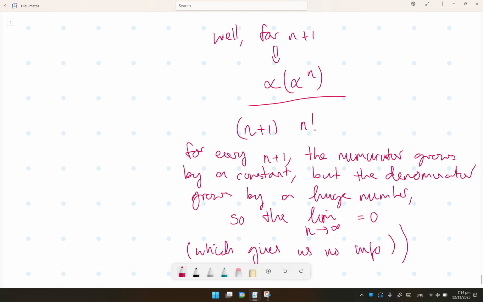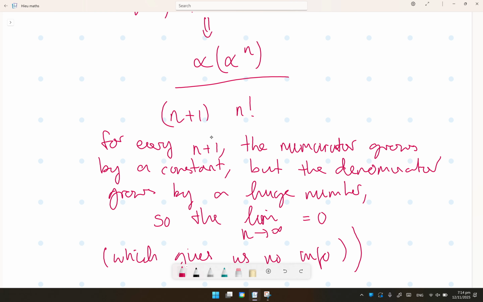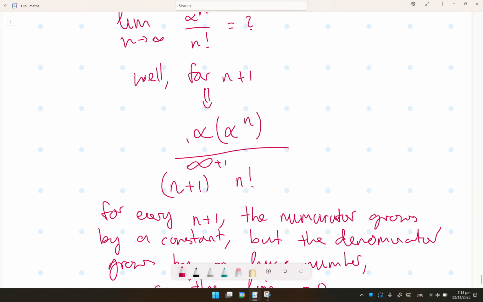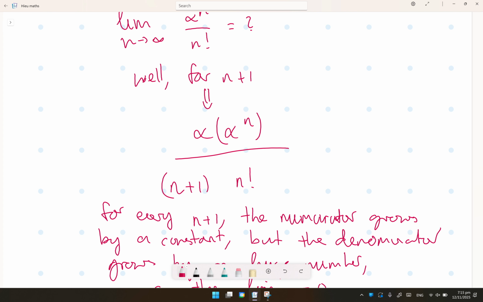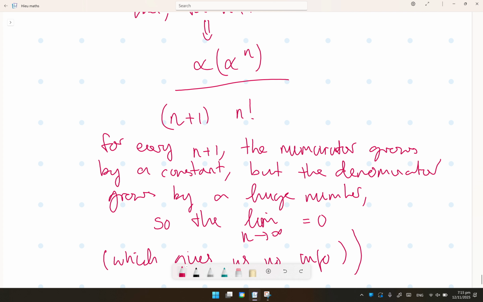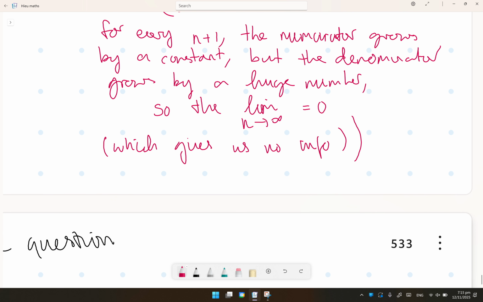And so it's easy to see that when you increase by 1 for every n, the numerator is growing by some constant. It could be 100, it could be 100,000, it could very well be -2, right? But the bottom is growing by n plus 1 every time. And so basically the bottom's growing really fast, and so it's going to tend to 0, and the limit is 0.